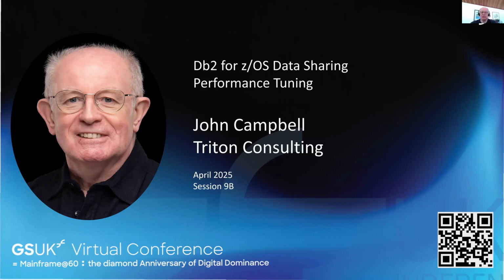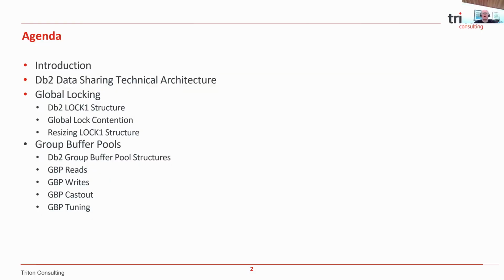So let's look at the agenda. I'm going to make a brief introduction because I just want to share with you some previous experience, prior to Db2 data sharing, of other technologies that tried to implement shared data and what the problems were in terms of them not being able to deliver the performance expectations that our customers needed.